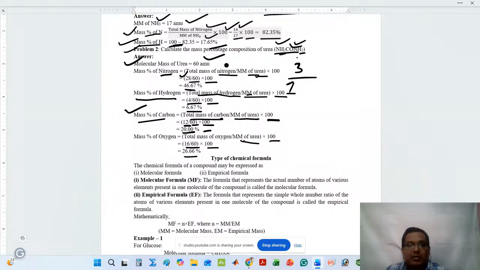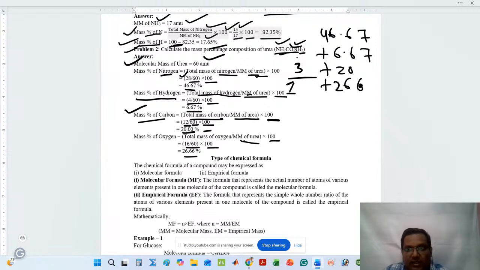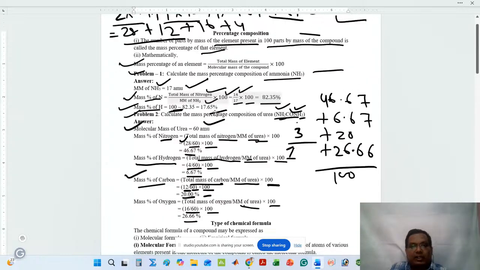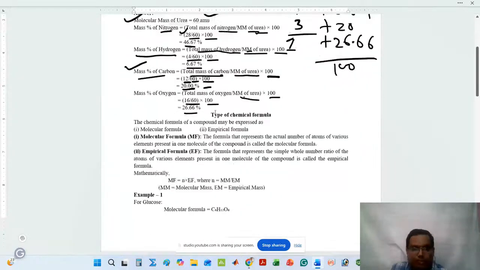Look at this. If I add all the percentages, 46.67 plus 6.67 plus 20 plus 26.66, then what will it be? This must be equal to 100. If this is not equal to 100, that means your answer is wrong. This is all about the mass percentage, that is, percentage composition.